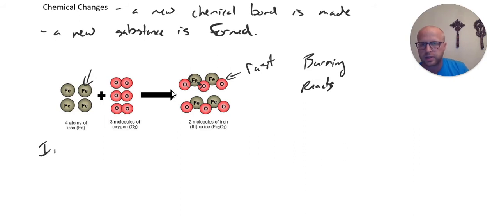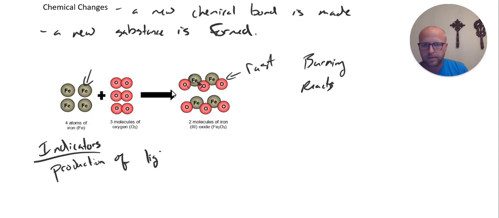Indicators would be production of light, of a gas, effervescence, or if a new smell is happening. Those are all indicators when chemical changes occur.